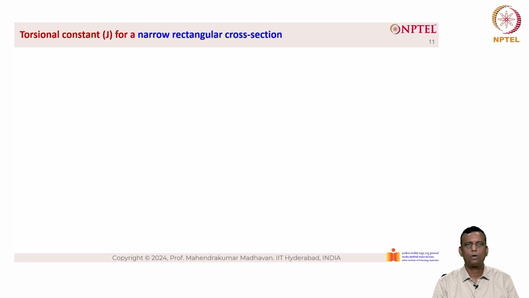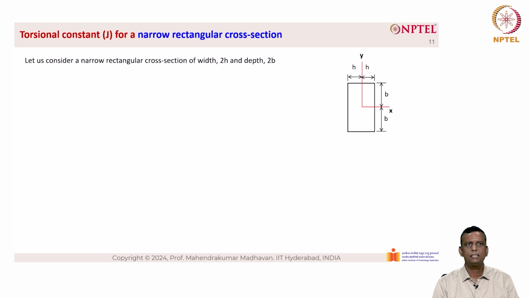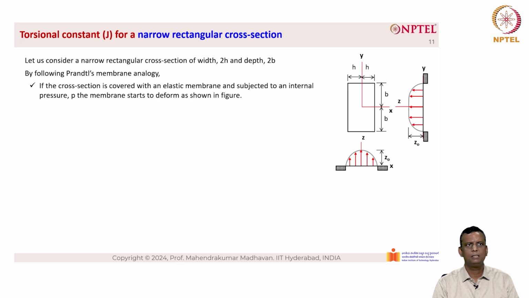Now let's look at the torsional constant J and how to derive J for a narrow rectangular cross section. So let us consider a narrow rectangular cross section of width 2h and depth 2b, as you can see on the right hand side. By following Prandtl's membrane analogy, if the cross section is covered with an elastic membrane and subjected to an internal pressure P, the membrane starts to deform as shown in the figure.